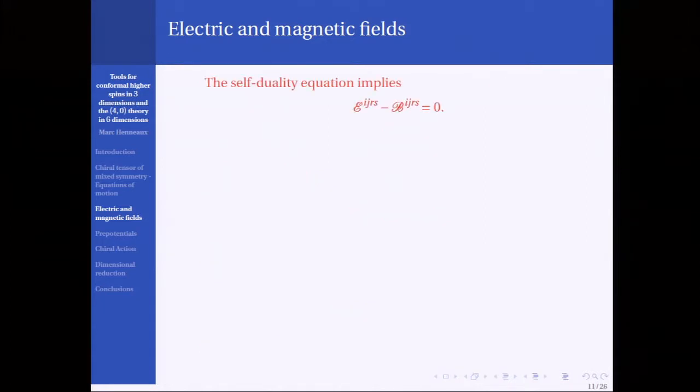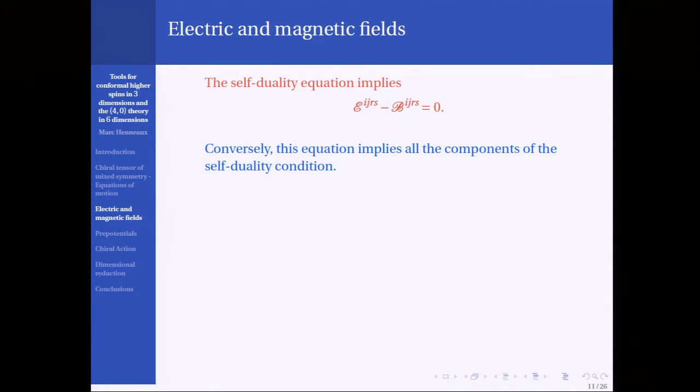Okay. Now, one can show, I will not prove it here, but it can be verified and it's not too complicated, that the original self-duality equation telling that R was equal to R dual is completely equivalent to the statement that the electric field is equal to the magnetic field, which is not a big surprise. It's the same for chiral 2-forms.